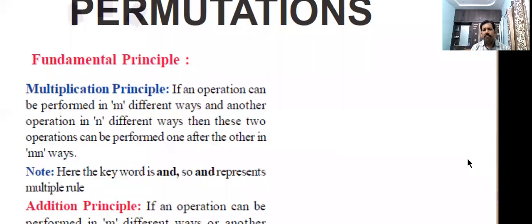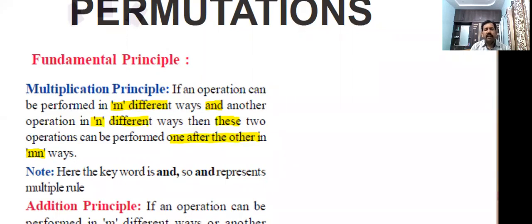See, if an operation can be performed in m different ways and another operation in n different ways, then these two operations can be performed one after the other in mn ways.